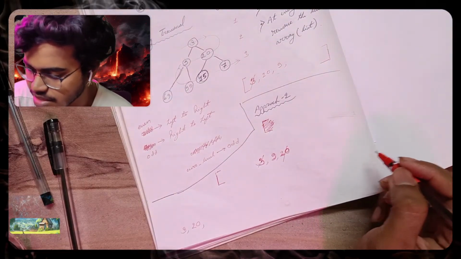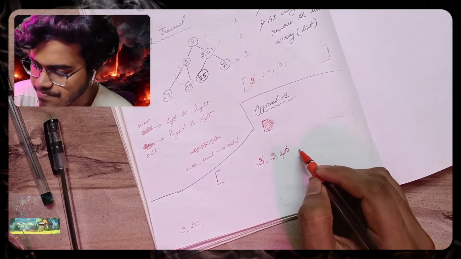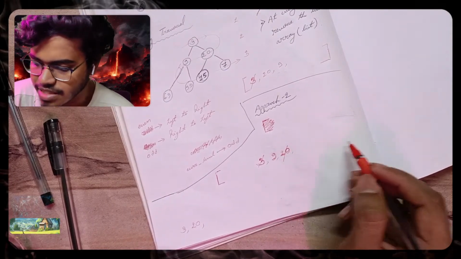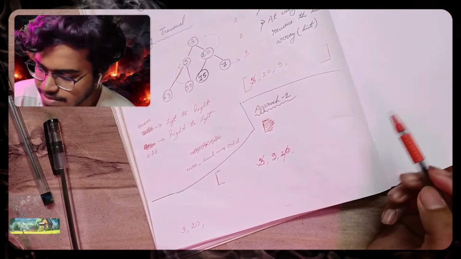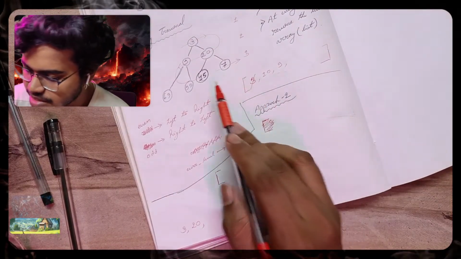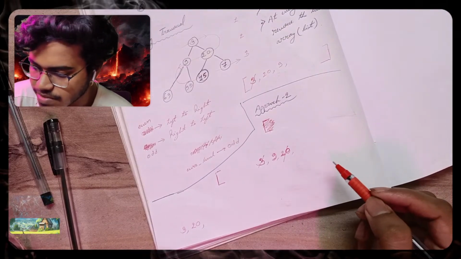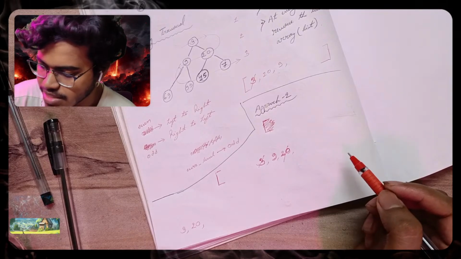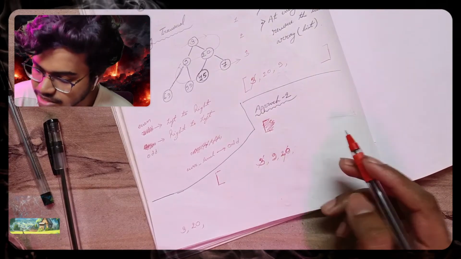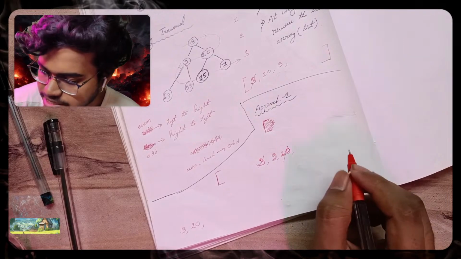If we pop the children of 20 from the right of 20, then the problem that will occur is it will then print 15 and 7 first, which we don't want. We want this level to be traversed later, so we will insert it over here.